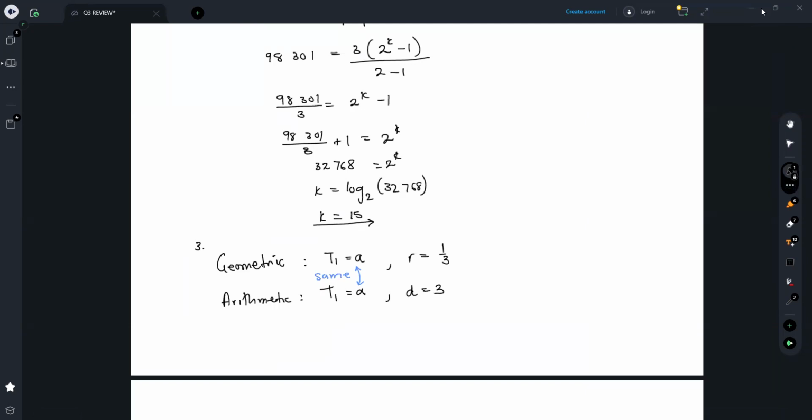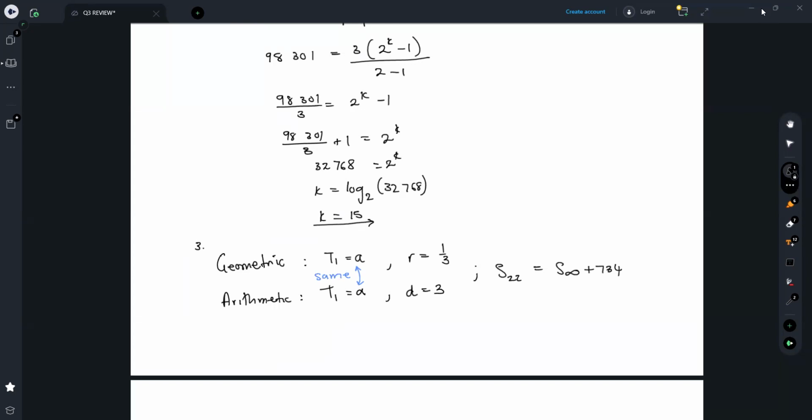Now we have to change bullet point number 3 into a formula. We're given the information that S22, in this case the arithmetic, is equal to S to infinity, which we calculate whenever we're dealing with the geometric, plus 734, because they said it's 734 more. So what should we do here?